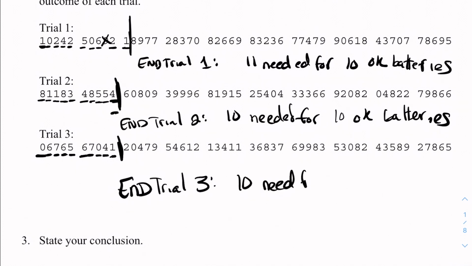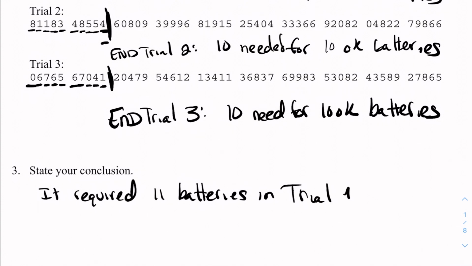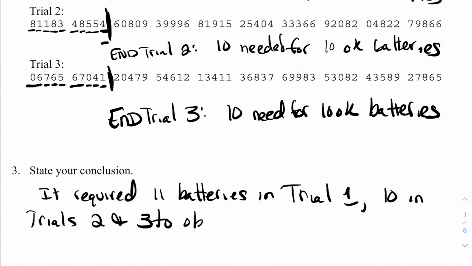So in each of these trials, we can figure out the expected number of batteries it would take in our conclusion. It required 11 batteries in trial 1, 10 in trials 2 and 3, to obtain 10 working batteries.